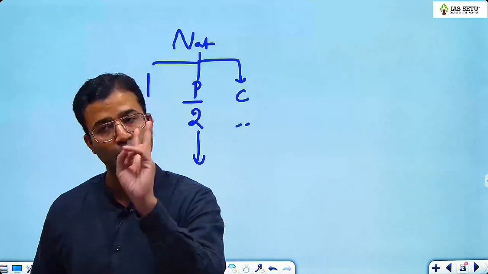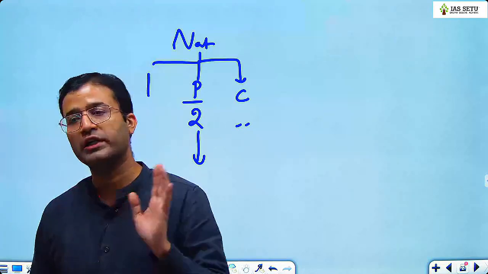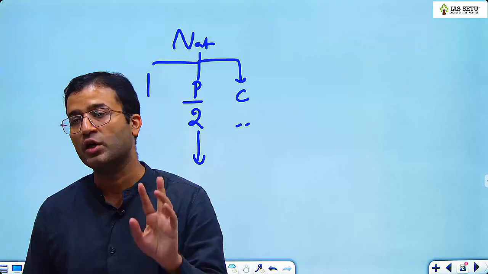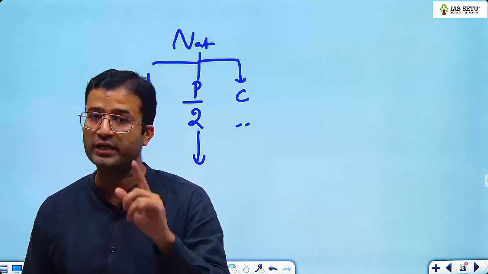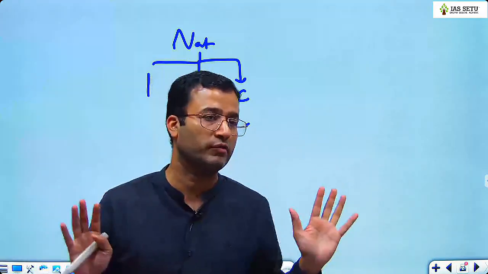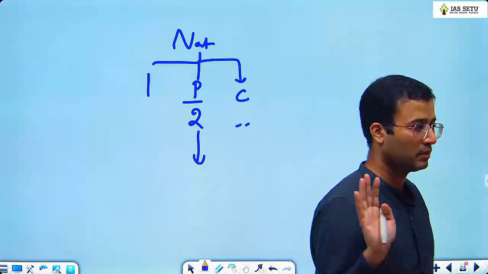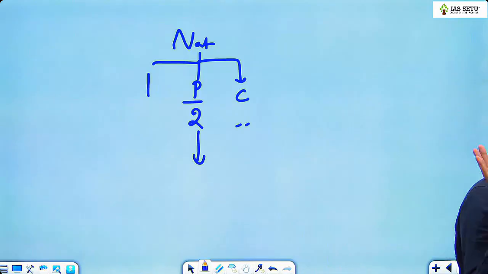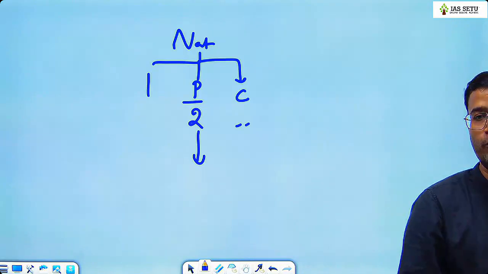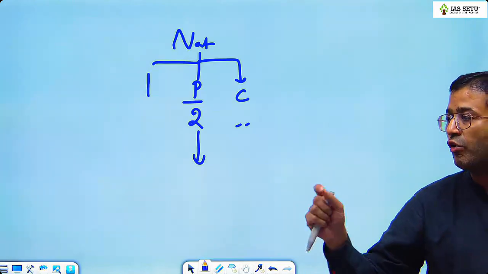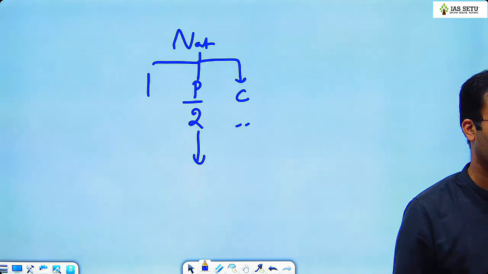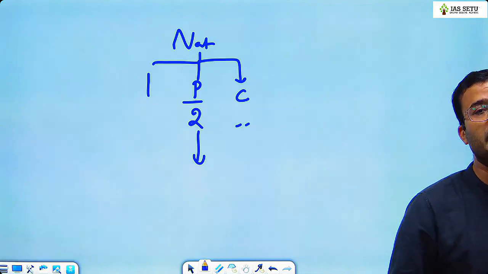Co-prime means two natural numbers if they have only one as a common factor. कोई भी दो natural number co-prime हो सकते हैं provided that they have only one common factor. Any two natural numbers can be co-prime. उसमें prime composite की कोई condition नहीं है. क्योंकि co-prime जो है वो relative concept है.